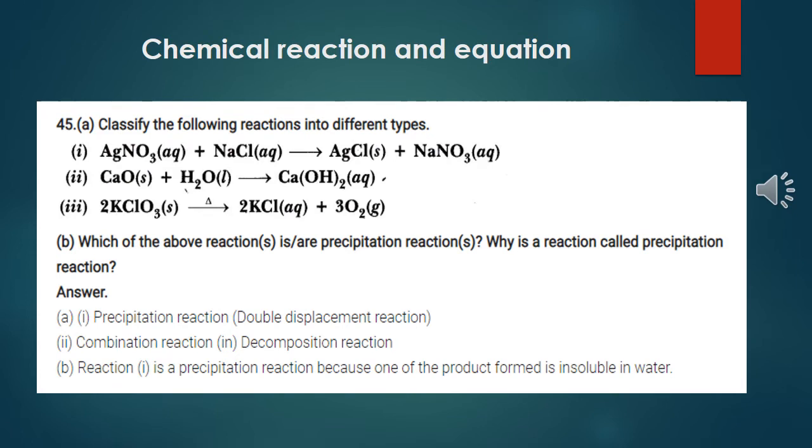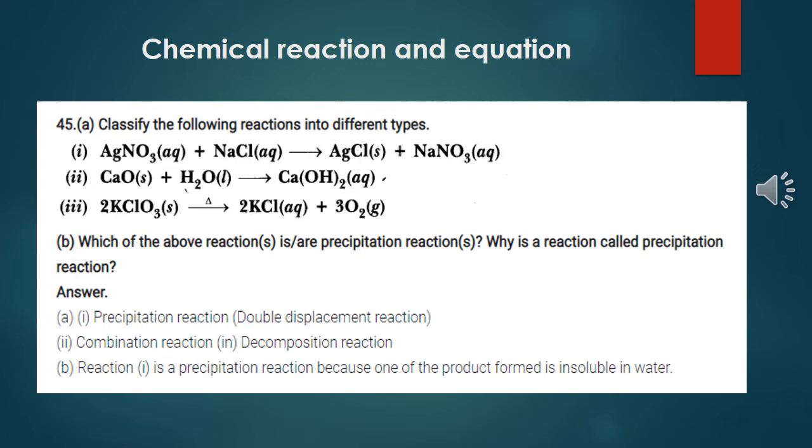Here we are going to discuss another question. Classify the following reactions into different types. First: silver nitrate reacts with sodium chloride to form silver chloride and sodium nitrate. In this reaction, in the first compound silver is displaced by sodium, and in the second compound, sodium chloride, sodium is displaced by silver, so it forms sodium nitrate and silver chloride.